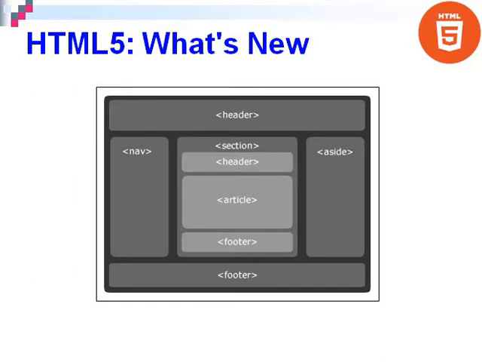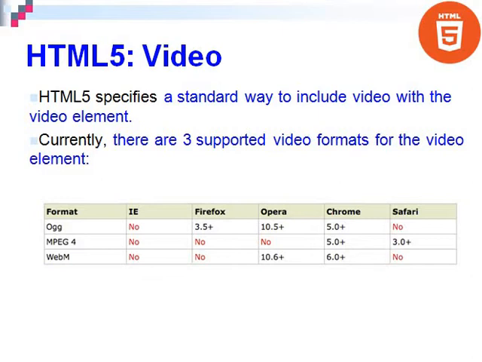Now we will explore some of the important tags in HTML5. The first tag is the video tag, HTML5 video. HTML5 specifies a standard way to include video with the video element.